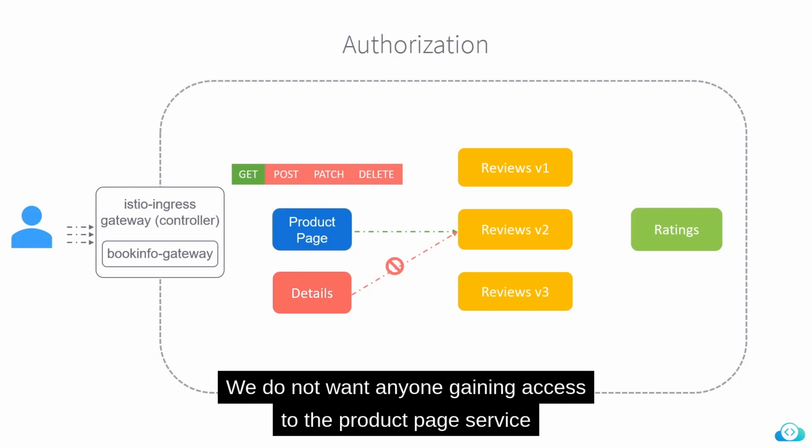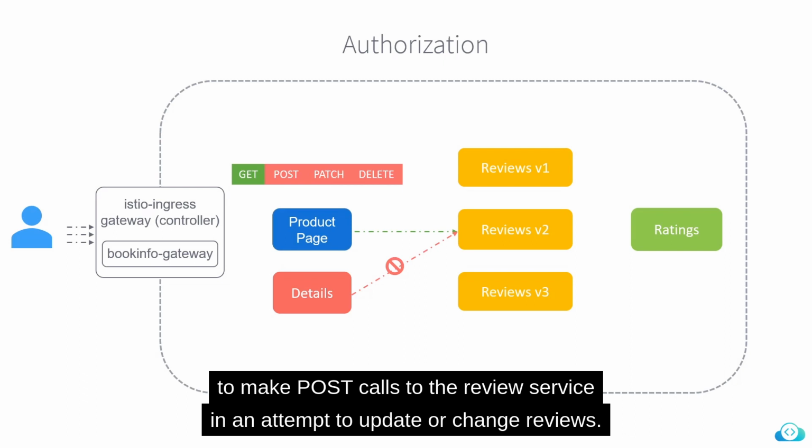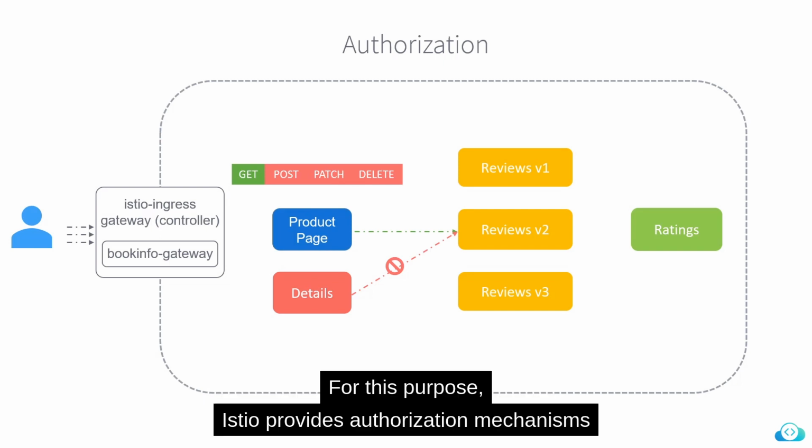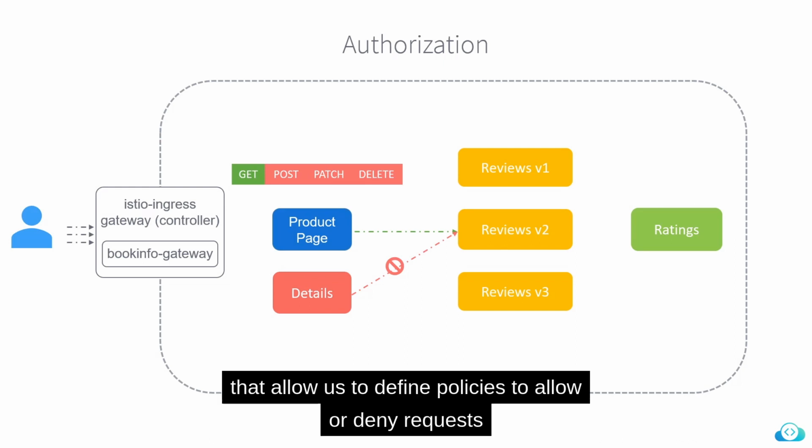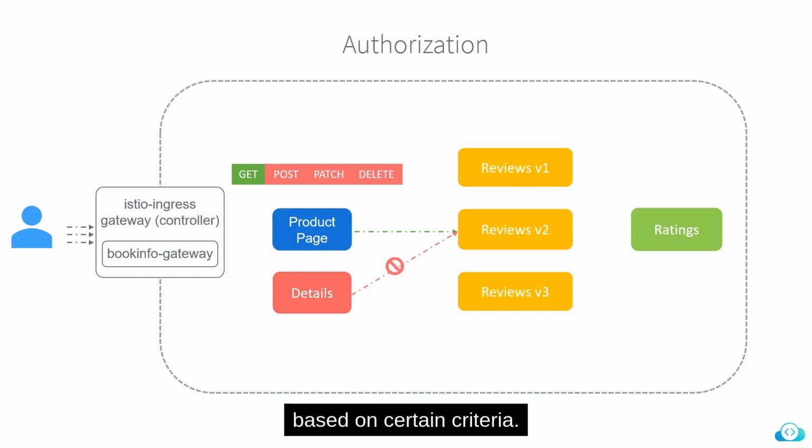We do not want anyone gaining access to the product page service to make POST calls to the review service in an attempt to update or change reviews. And for this purpose, Istio provides authorization mechanisms that allow us to define policies to allow or deny requests based on certain criteria.